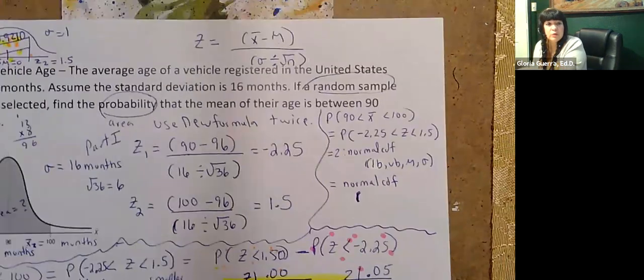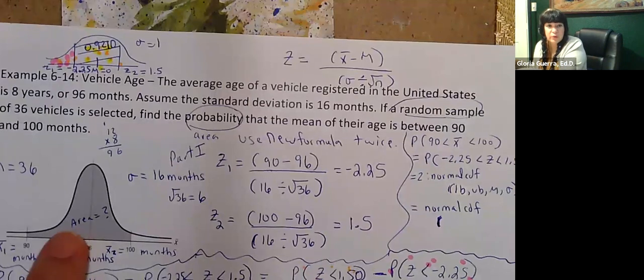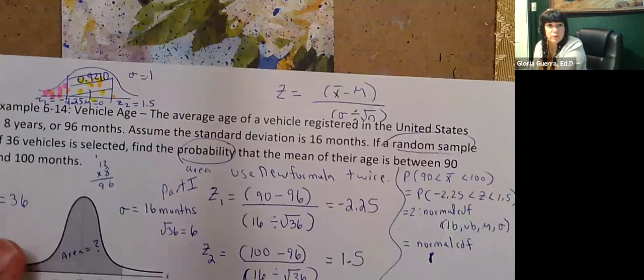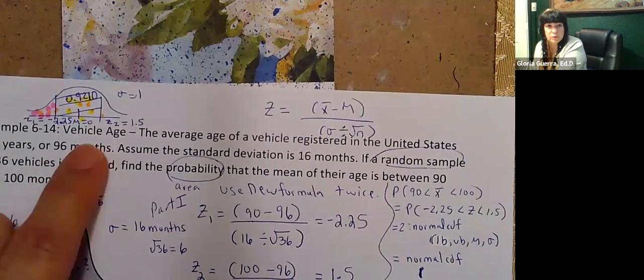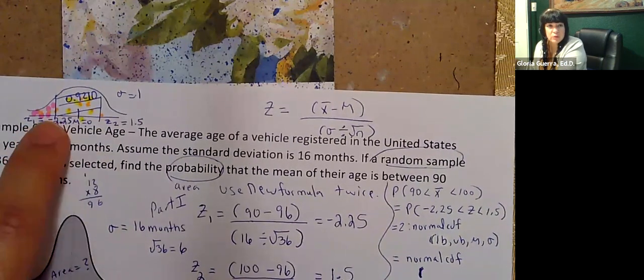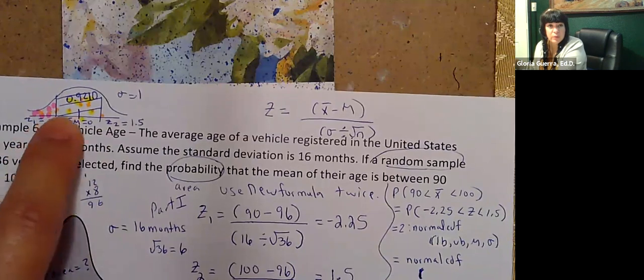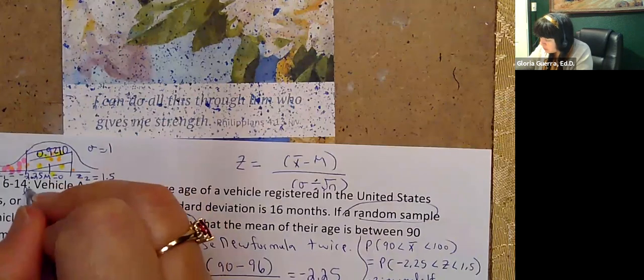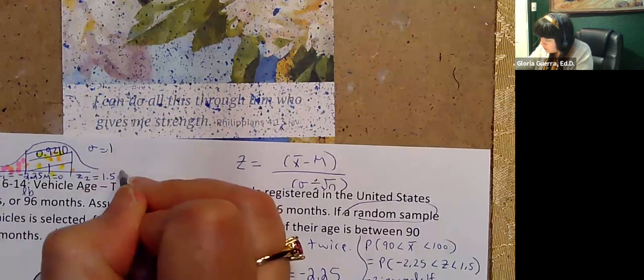So remember, be careful, you're not looking at this. You don't want to grab those numbers by mistake. Remember your 0 and 1. Remember mu changed to 0 and 1 because you ran it through. You want to use these numbers. So this is your lower bound. This is your upper bound because you graph from left to right. So this is your lower bound and this one here is your upper bound.